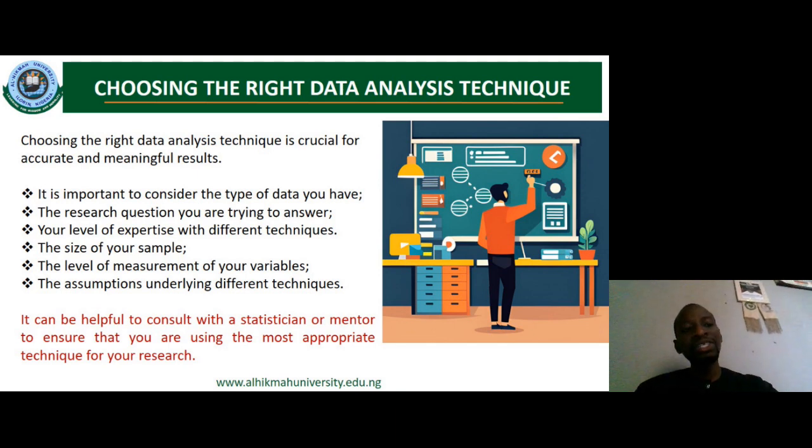So if you are measuring nominally, ordinally, intervally or ratio, for a nominal measure there are certain statistics that are appropriate. For ordinal measures there are statistics that are appropriate. For interval measure, let me cite an example. If you measure continuously, you can use PPMC if you are trying to find the relationship between two variables.